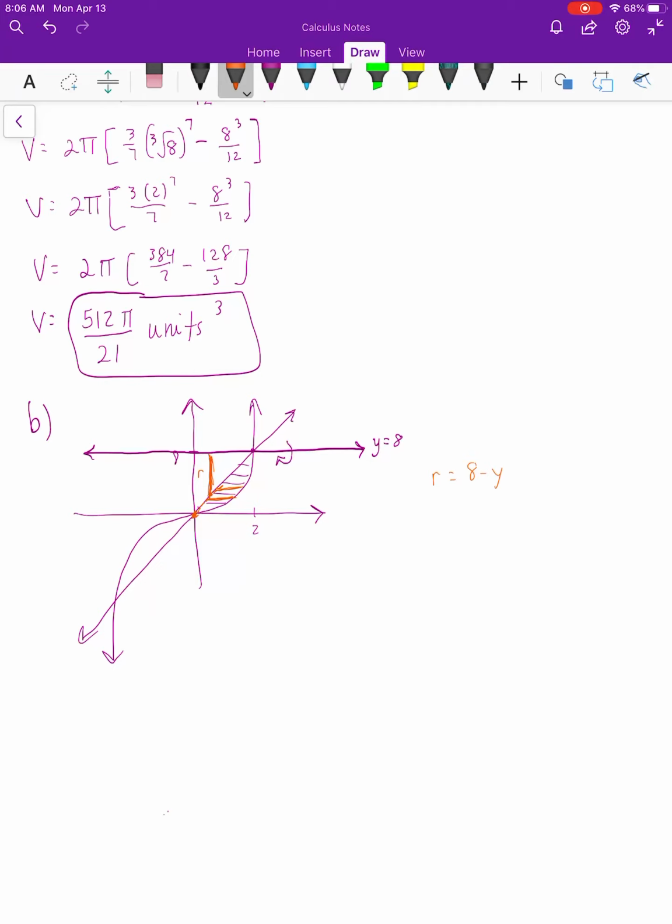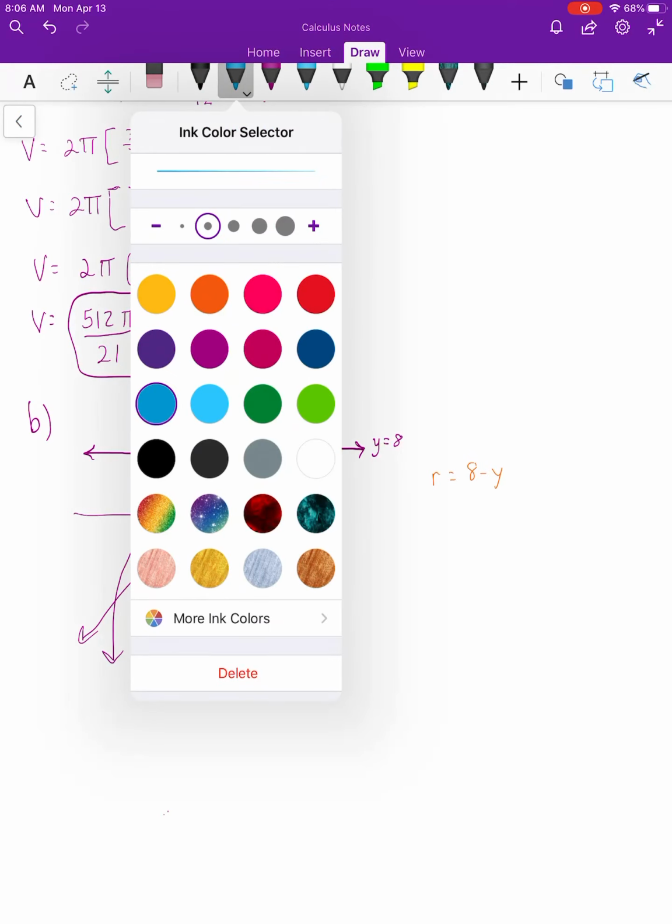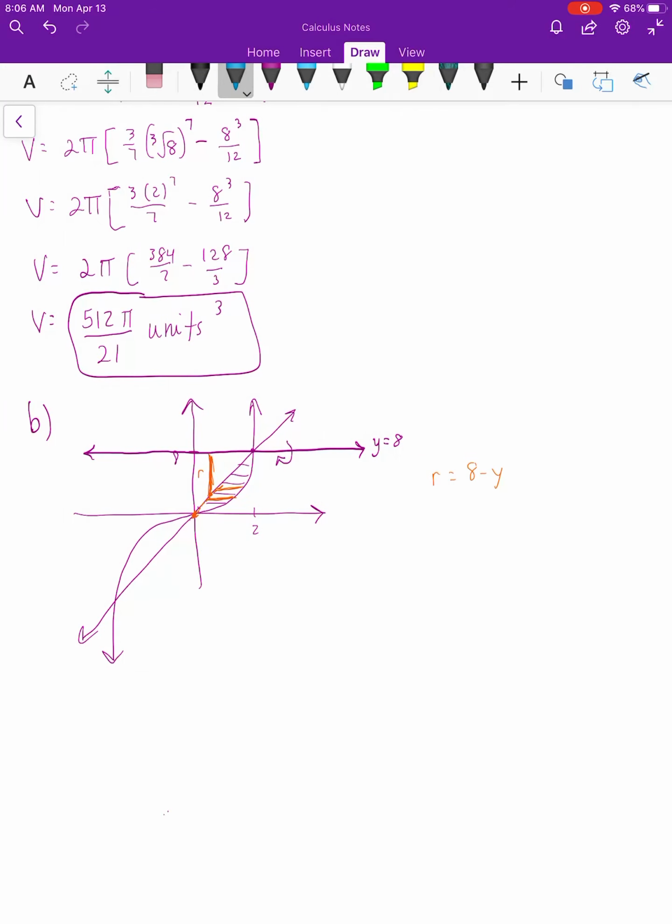So for this one, our radius is going to be 8 minus y. And this sometimes happens. You have to draw your radius from your axis of rotation to a point on your representative rectangle to get a visual idea of what that radius will be.